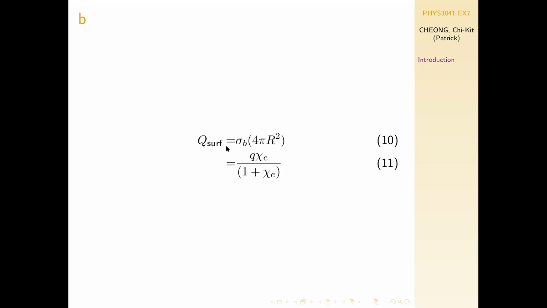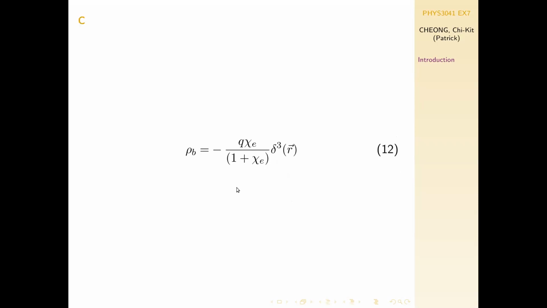Usually we need to do some integration to obtain the total surface charge. However, in this case, as it is independent of location, the surface integral can be factored out and expressed as 4 pi R squared. Then we just need to substitute sigma b into equation 10, and we reach equation 11.